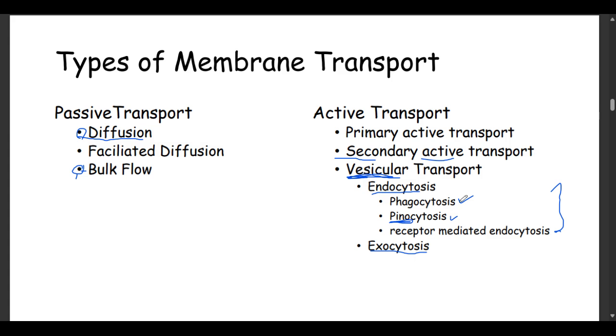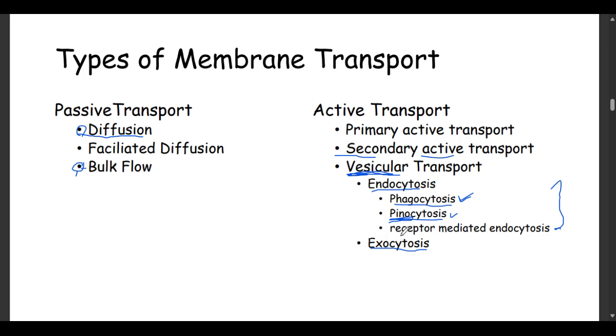But in phagocytosis, the material being taken in by the cell contains substances. For example, it might have a host cell, which might be a bacteria, a pathogen, or anything else. But in pinocytosis, it's only the extracellular fluid itself. So this one can be referred to as cell eating, and this one can also be referred to as cell drinking.